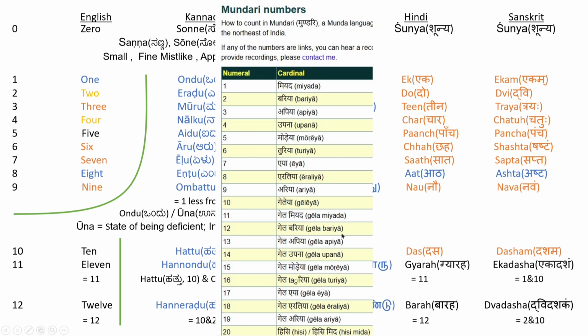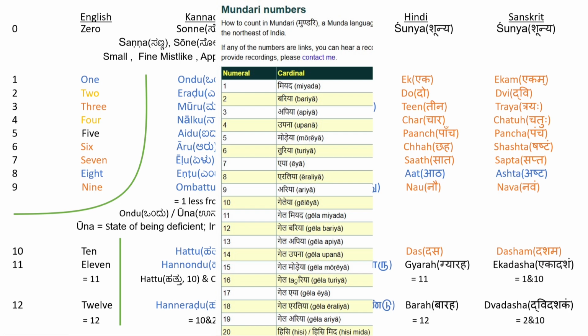So at least the Ba sound for 2 may be inspired from some Mundari language. And also this Ra actually comes from Persian. We'll see that later. The Persian for 10 is Daha. So they are getting this Daha sound from Persian, not from the 10 defined here, but in a complicated way. So Gyara may also be inspired from a Mundari language, or some sound changes happened in between, that Ra became Gyara, something like that.